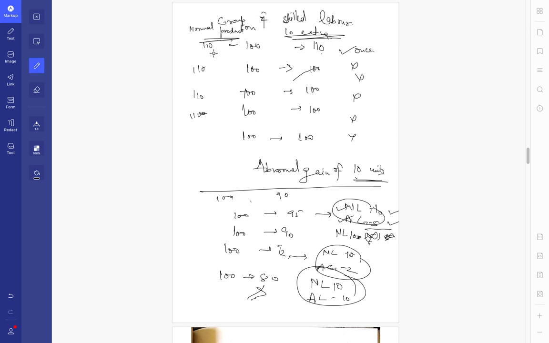You cannot always categorize it as abnormal gain. You could do it once, you could do it twice, but not always. If it has become your normal production pattern, then anything more than that, let's say in the 5th year you produced 112 units, then 2 units would be your abnormal gain. Or if you produced 107 units, then 3 units would be your abnormal loss.